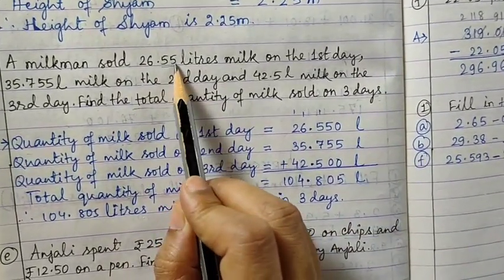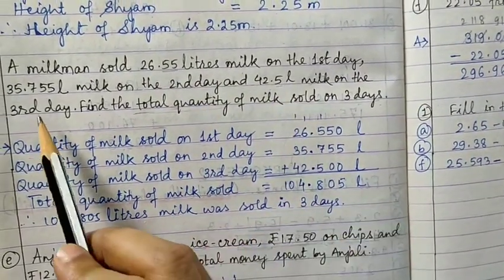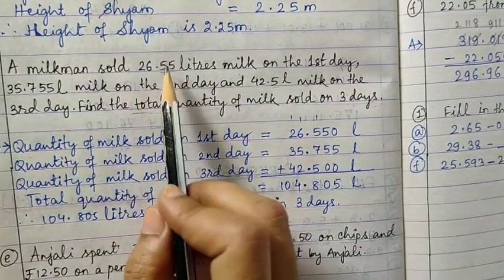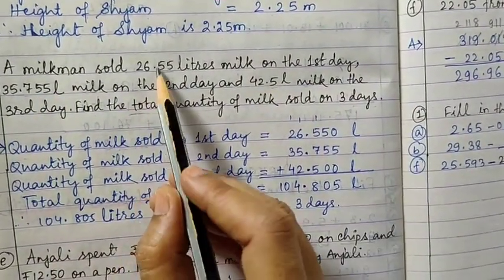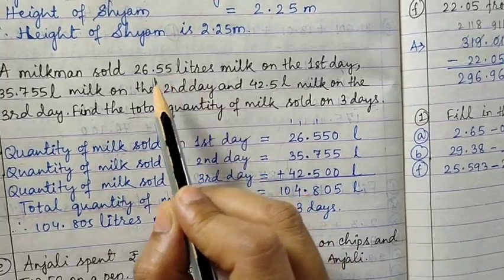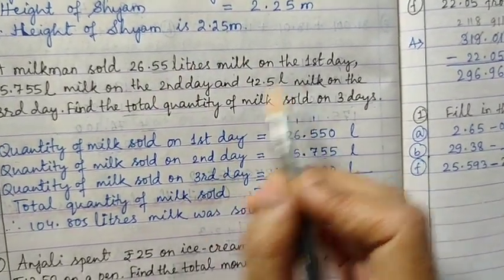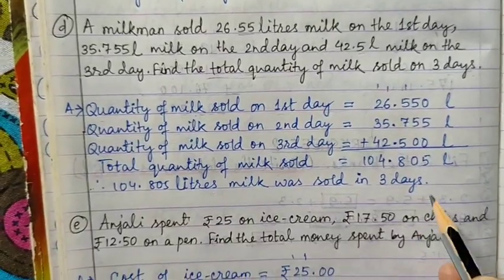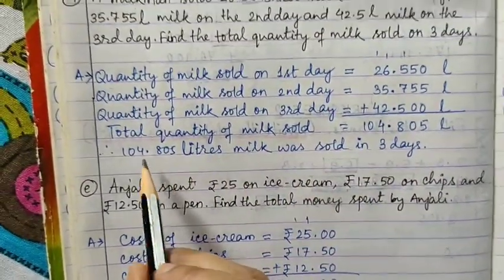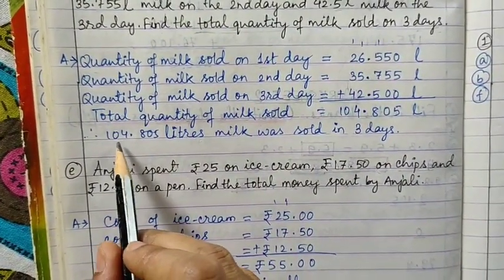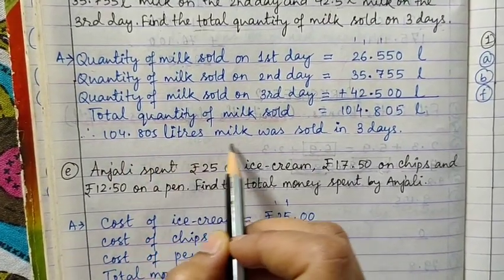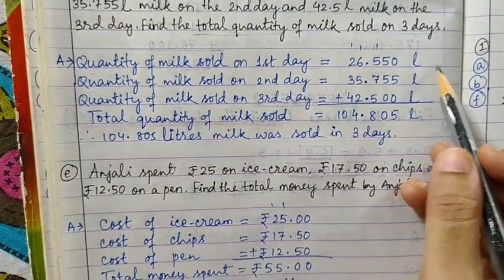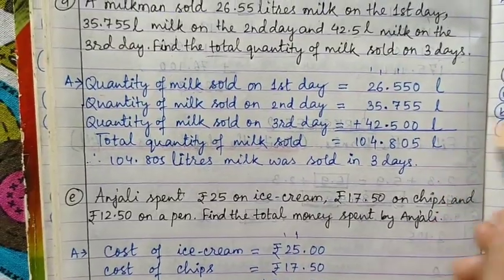Here 2 decimal places, here 1 decimal place, here 3 decimal places. So you have to bring all to 3 decimal places. So here you have to add one more 0 on the right hand side, here 2 more zeros, and you can add after that, and your answer will be 104.805 liters milk was sold in 3 days. Don't forget to mention the units.